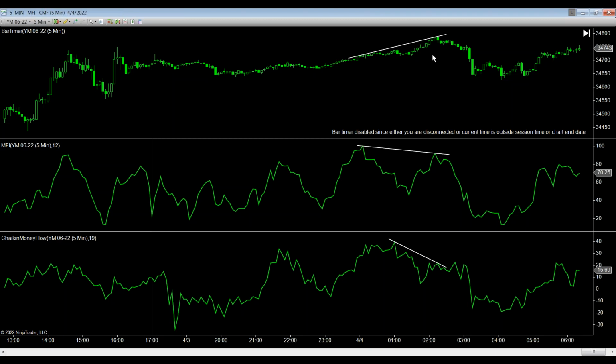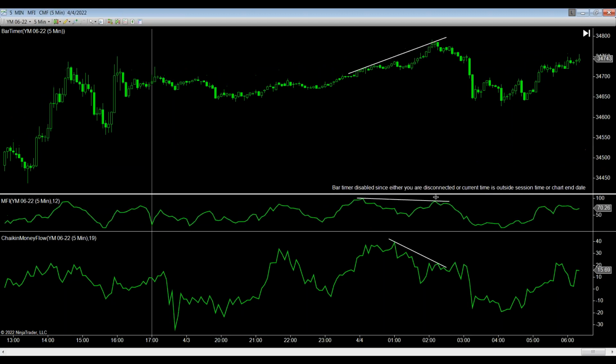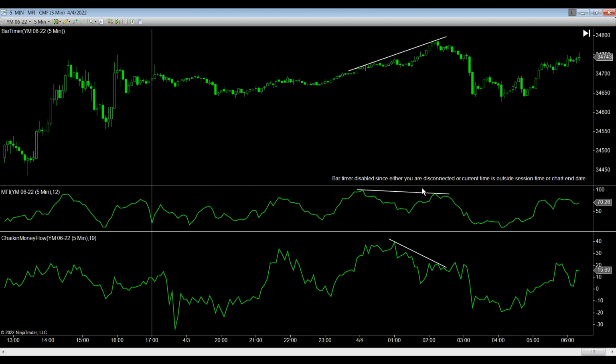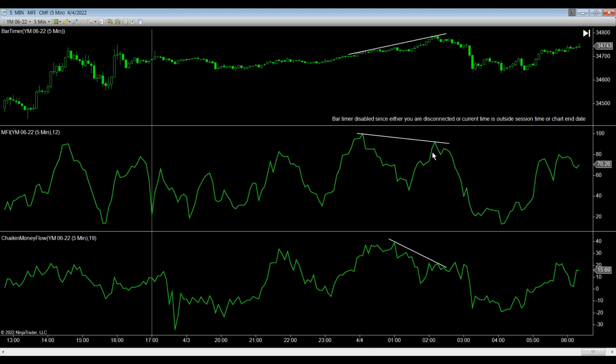Those same techniques: the upsloping trend line, connecting point to prices on the top, following the same process in real time. Here's your lower price, here's your higher price.